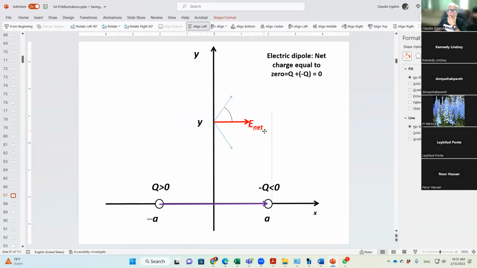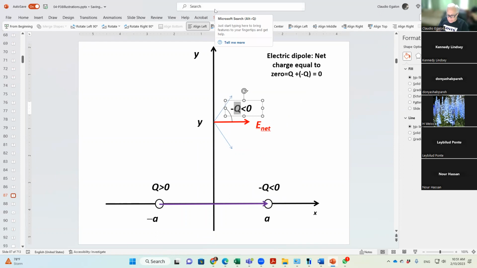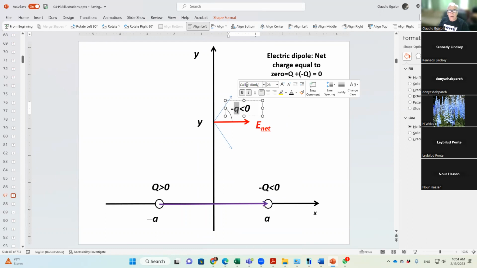E net, I want to put the E net right in here. And then I'm going to need another theta. I'll denote it here with a lowercase q, and change the font to symbol. Good. And we get that. And I don't need the rest.